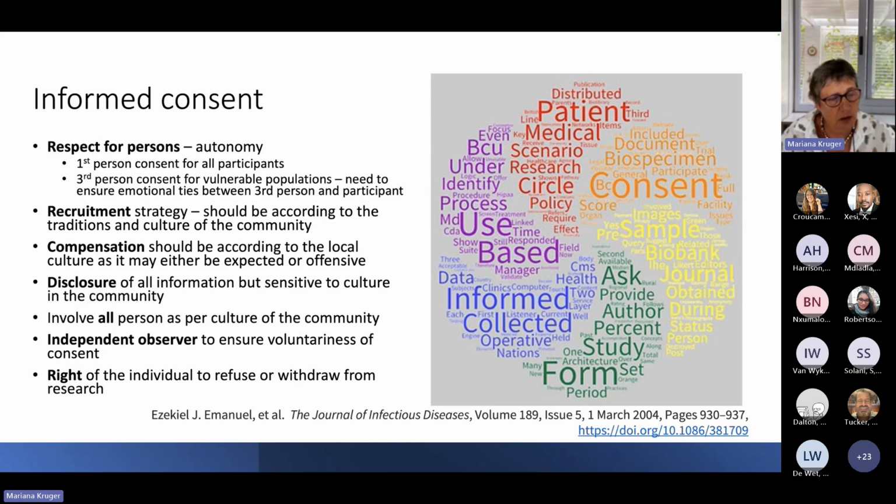If you're going to recruit in schools, for example, those children that are orphans, you may run the risk of actually stigmatizing them through that strategy by going to school and saying, oh, all orphans, please come forward because we want to do a study with orphans. Then everybody knows that that child is an orphan, which may not be known, and may be stigmatizing. So one should be really careful about how you think about your recruitment strategy as part of the informed consent process, because this is a process.